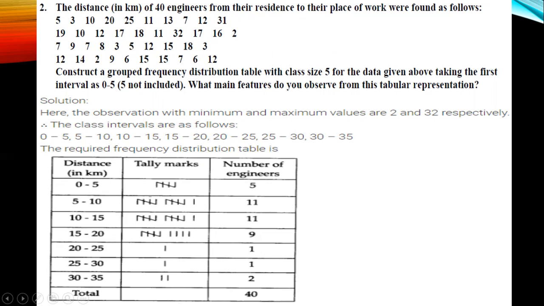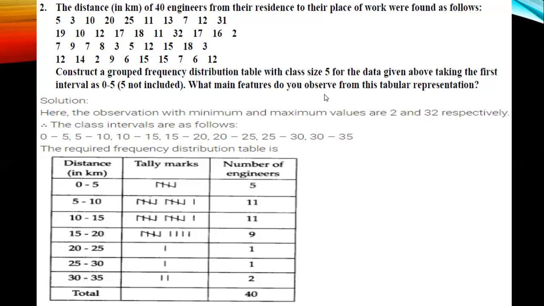My dear class, we have been asked to make a grouped frequency distribution table with the class size 5 using the data given above, taking the first interval as 0 to 5, wherein 5 is not included. And then we have to conclude what are the main features that we observe from the tabular representation.